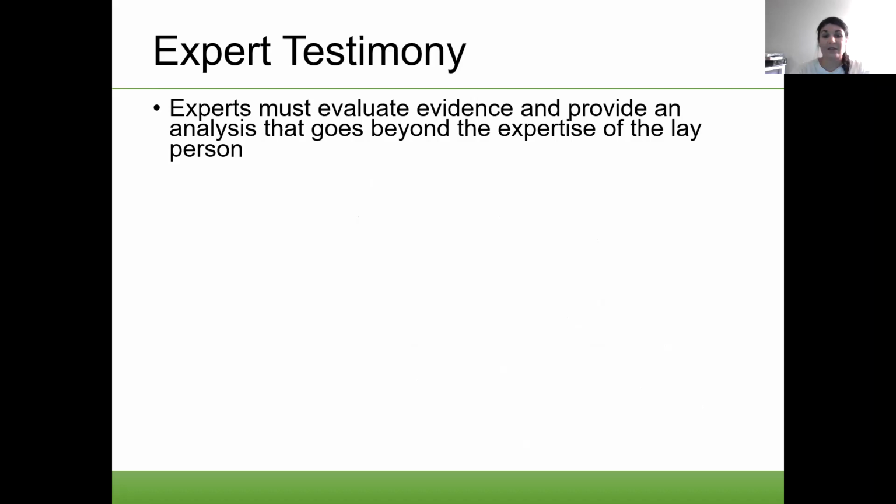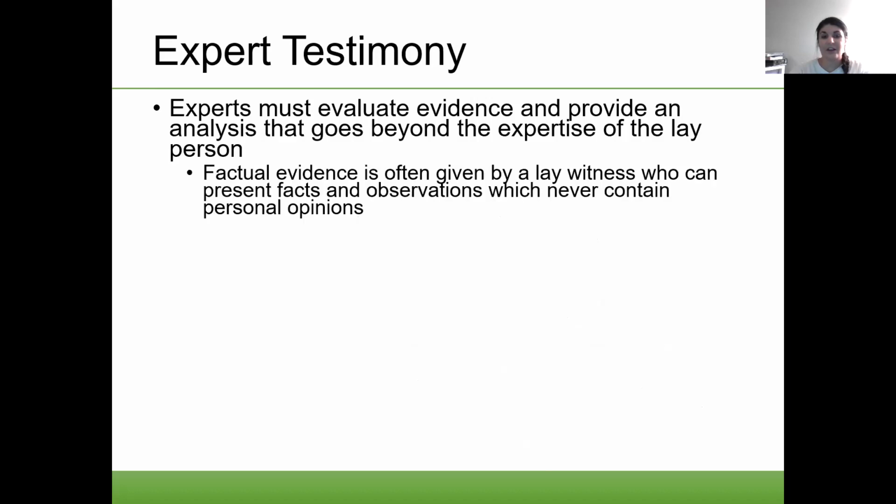So experts must evaluate the evidence and provide an analysis that goes beyond the expertise of the layperson. Factual evidence is often given by a layperson. They present facts and observations, which never contain personal opinions.